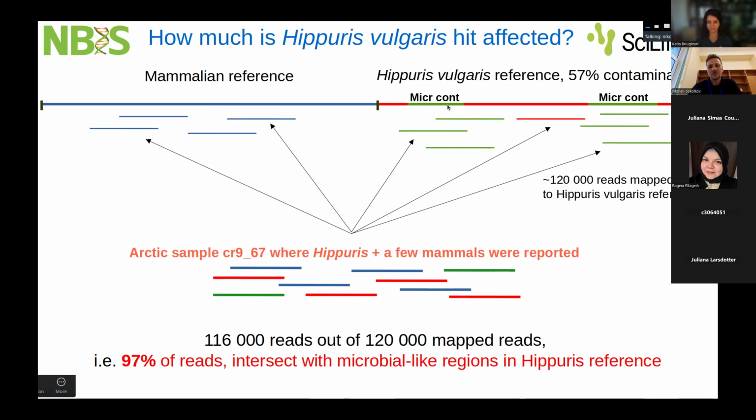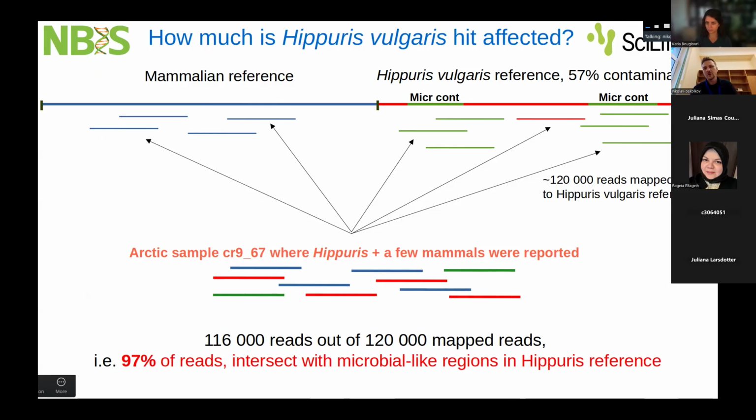So that's a little bit of a danger in this type of analysis. Please make sure, please prove, if you find animal DNA in your environmental ancient DNA sample, that it's actually not a microbe you found.